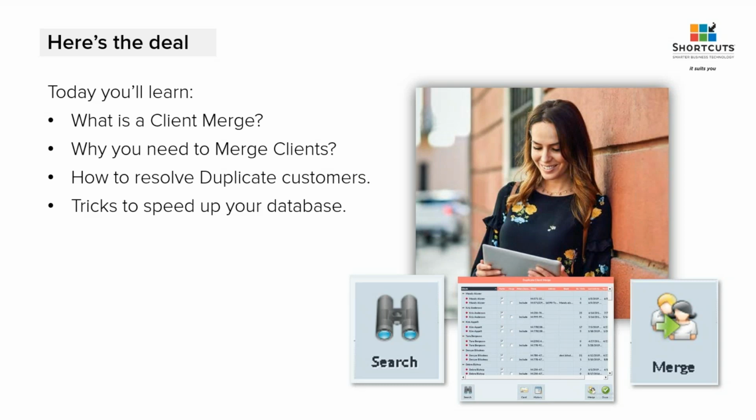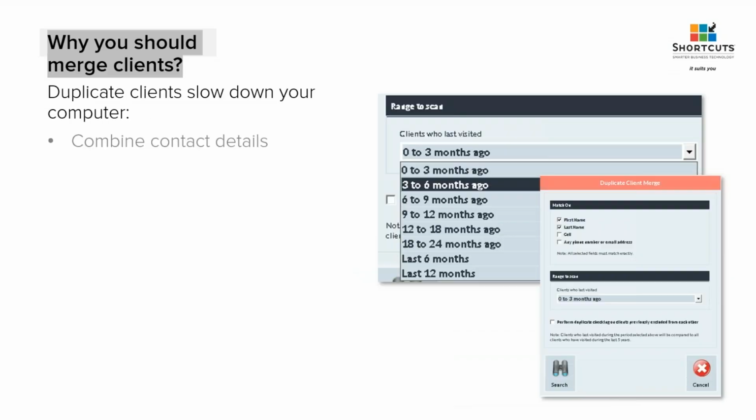So rather than try to automatically merge it, Shortcuts gives you the option. When an online appointment is made, Shortcuts will highlight it and say, this customer looks exactly like an existing customer. They seem to have the same first and last name, and even the same phone number or email. Shortcuts will ask you, would you like to merge these customers if you're using the appointment book? So right away, you can start to merge your online appointments.